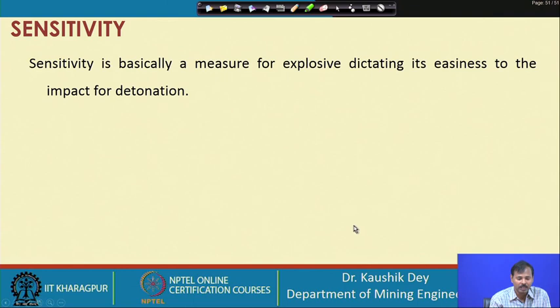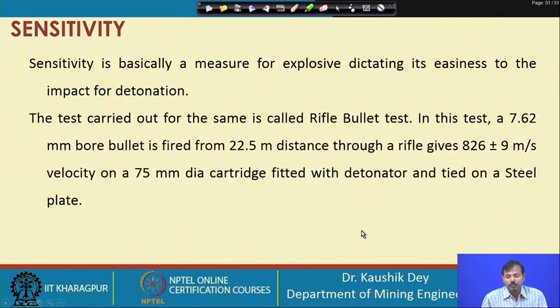So, sensitivity is basically a measure for an explosive indicating its easiness to detonate on impact. That means sensitivity gives us the measure of how sensitive the explosive is to a given shock, whether it is detonated with a small shock or it needs a very high shock for the detonation, or it needs some moderate shock for the detonation.